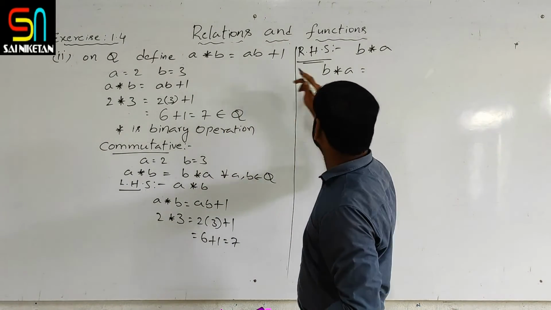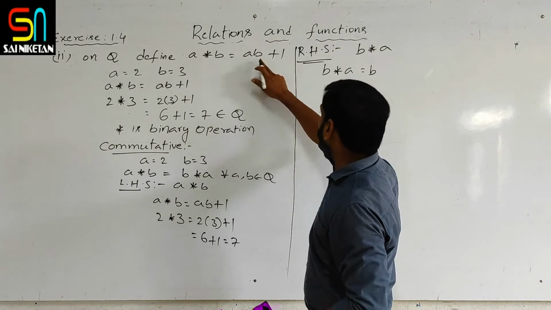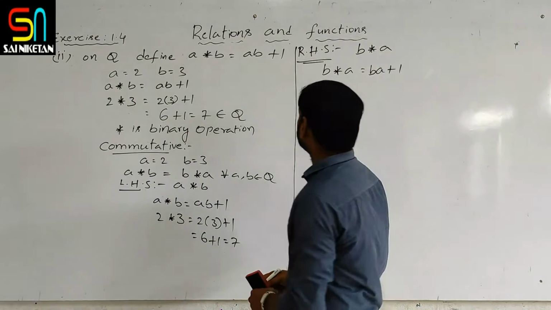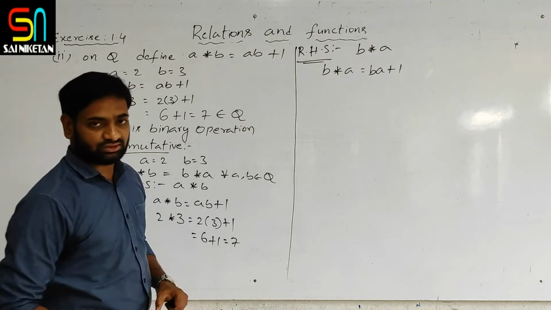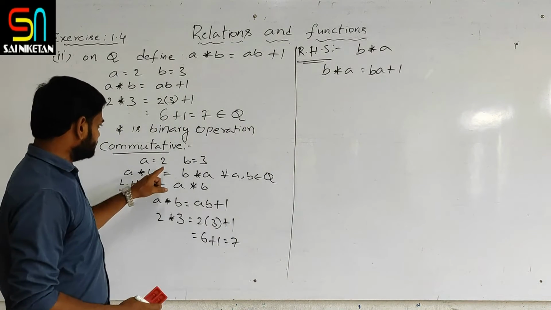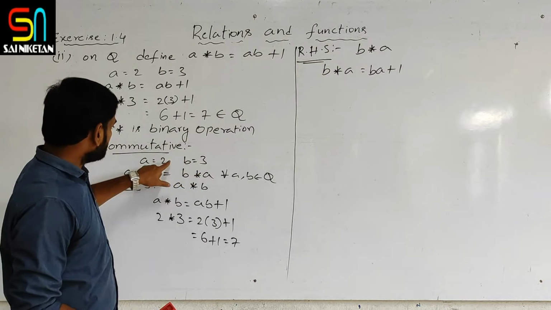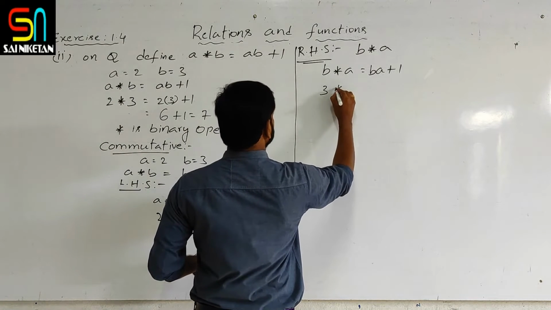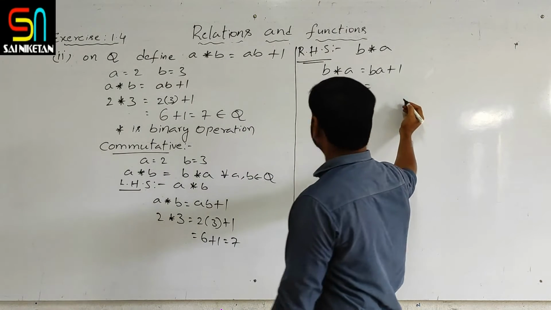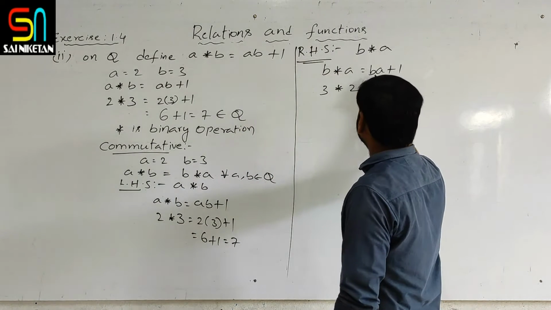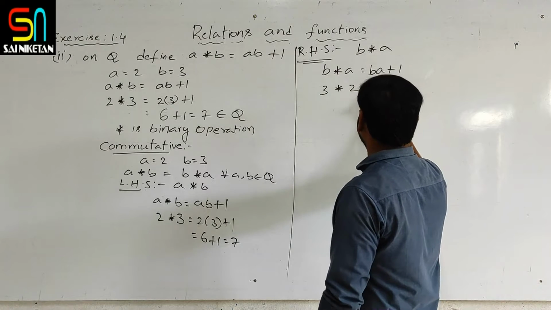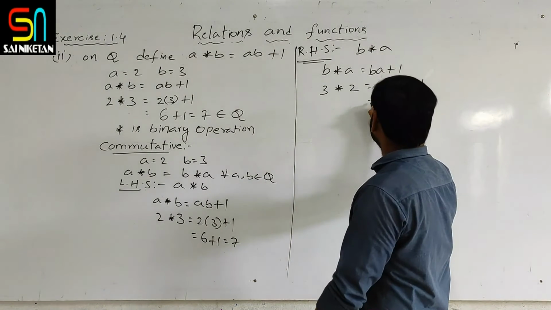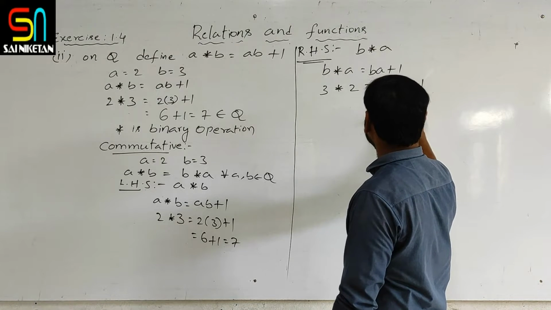So in place of A is B, in place of B is A, plus 1. Now substitute the values here. The B value is 3 and A value is 2. 3 star A value is 2. Now apply here. B value is 3. 3 into 2 plus 1. That is 3 into 2 is 6 plus 1.